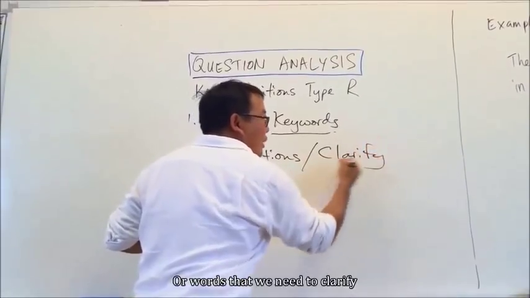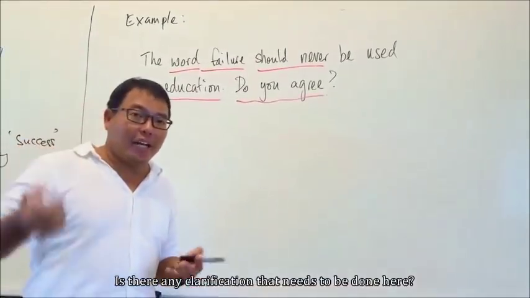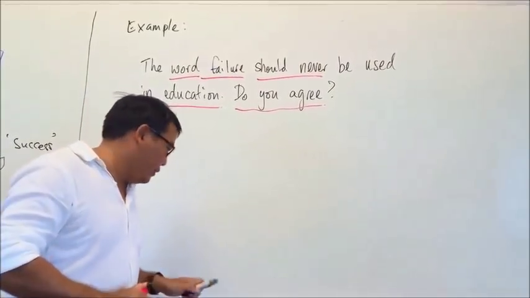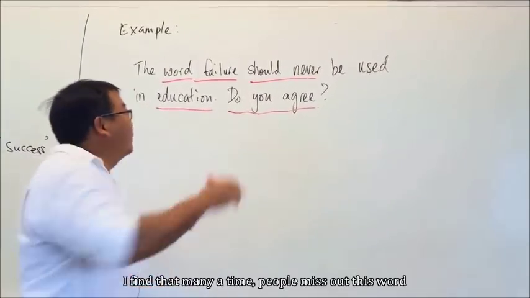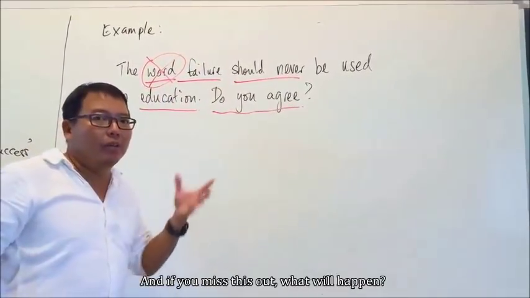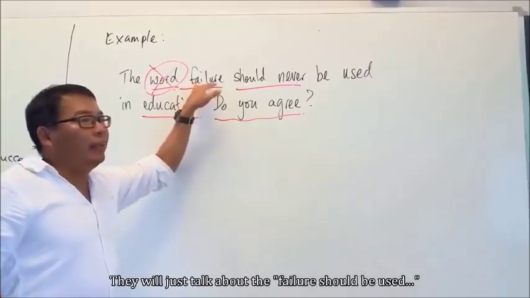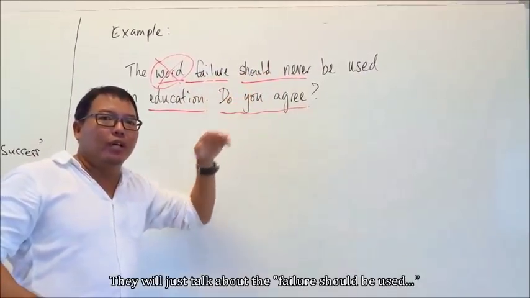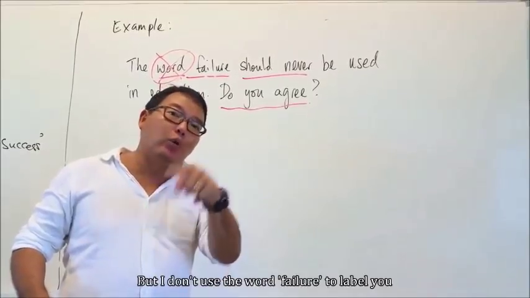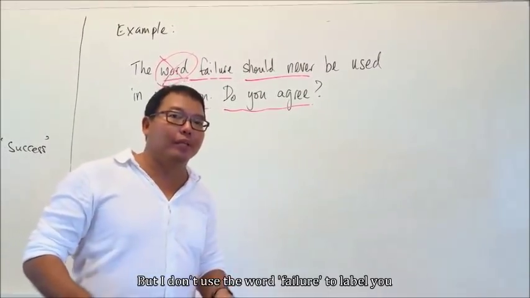Or words that we need to clarify. Is there any clarification that needs to be done here? Perhaps, yes. I find that many a time people miss out this word. And if you miss this out, what will happen? They'll just talk about the failure should be used. No, because sometimes technically you can fail, but I don't use the word failure to label you.